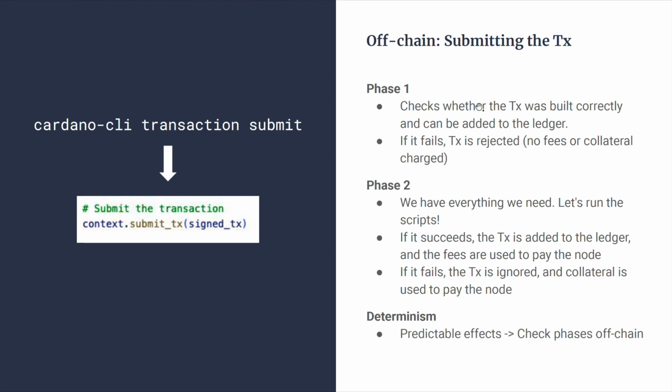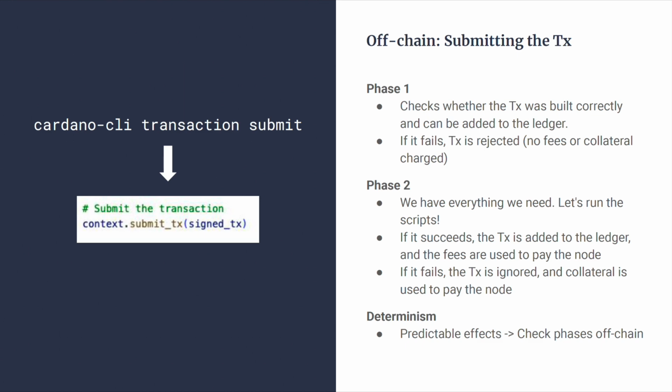Part of the submit procedure is also that the node checks whether this transaction is built correctly and could potentially be added to the ledger if nodes decide to include it in a block. It could also get rejected, for example, if the fees are set too low.